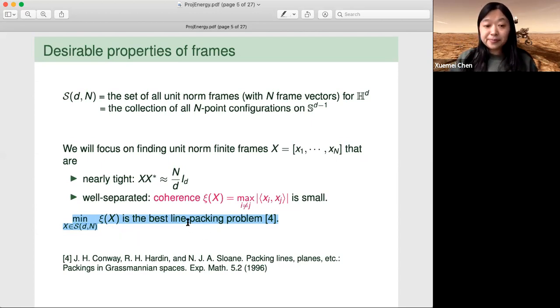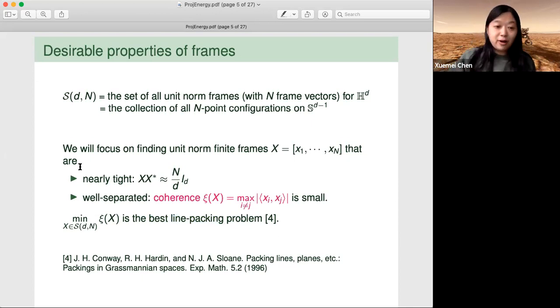So you can say this is a best line packing problem, and pretty much just the definition of frame, all these properties naturally lend themselves to be on projective spaces, which we will do today. So you can call it a best line packing problem, or you can also say it's the best packing problem on the projective space. Either way, however you would like to say it. And so that's a little bit more detail about well separation.